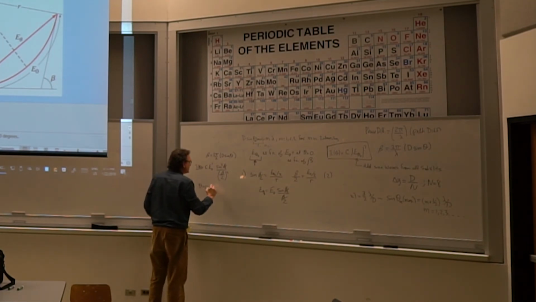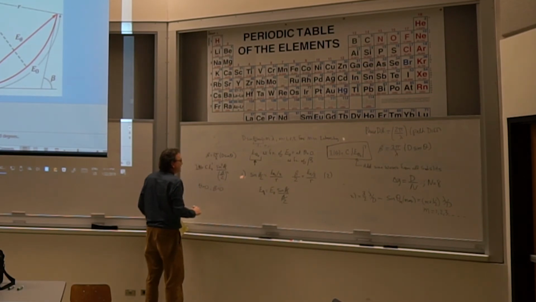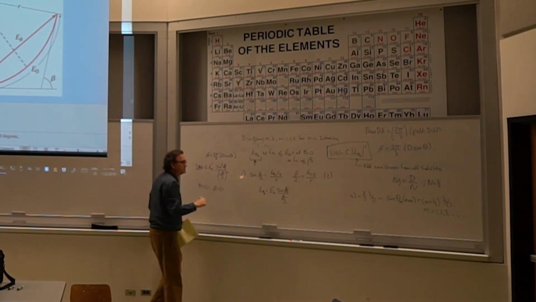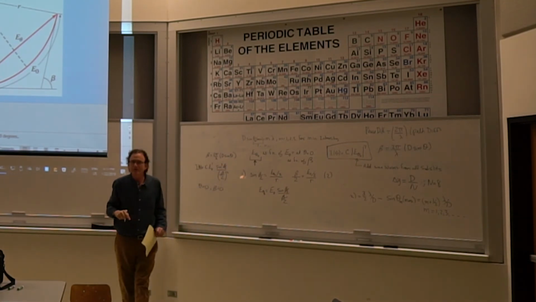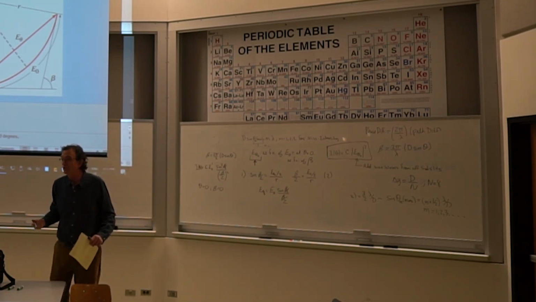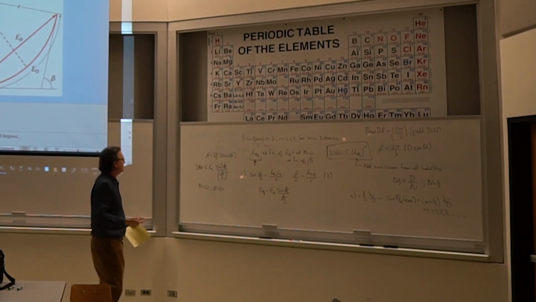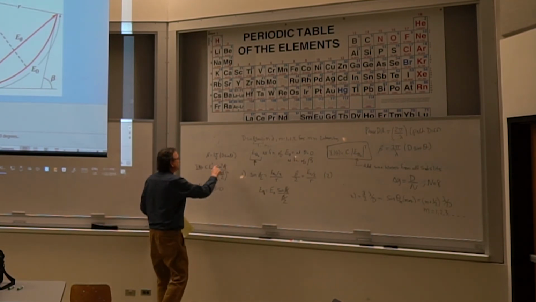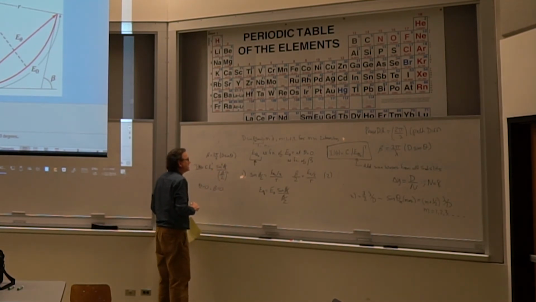And at theta equals 0, it turns out that beta is equal to 0. And you may say that sine of 0 divided by 0 is indeterminate. It's 0 divided by 0. But we can use L'Hopital's rule and take the limit of the ratio of these two quantities as beta goes to 0.